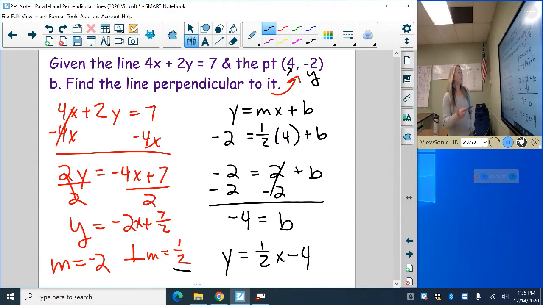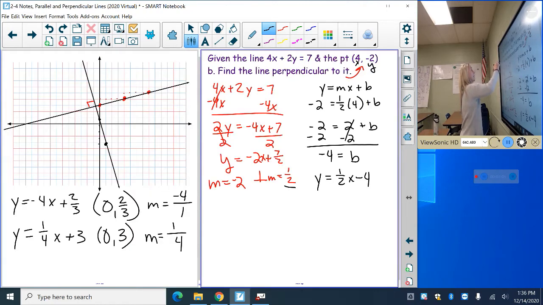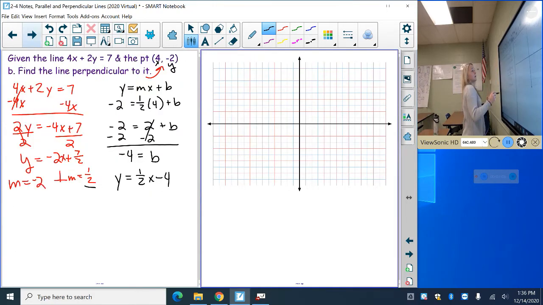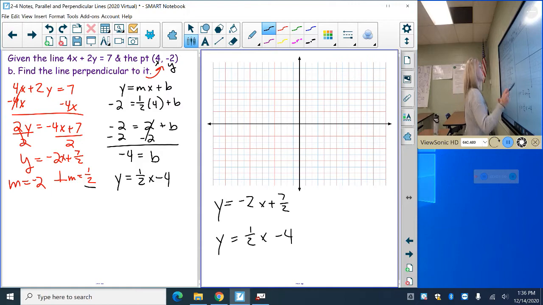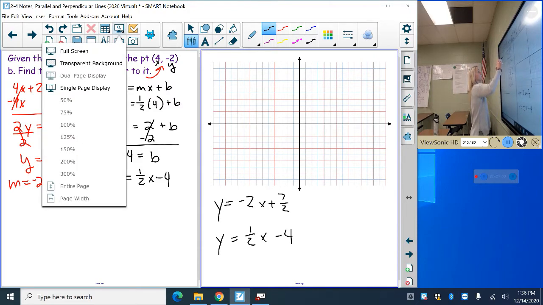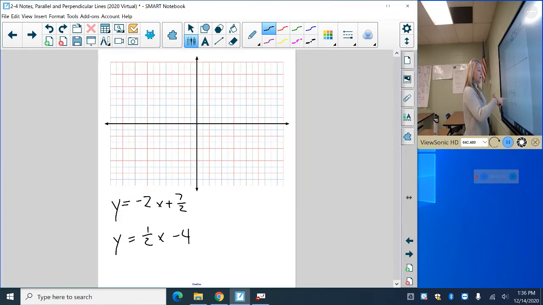And then I'm going to graph. So let's write those down so we can graph. I have y equals negative 2x plus 7 over 2, and I have y equals 1/2 x minus 4. I'm going to start at (0, 7/2), which we talked about in the first video is just 3.5.